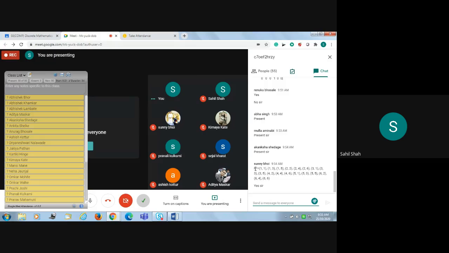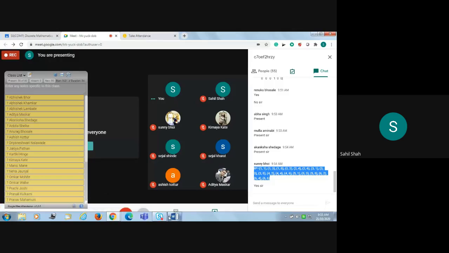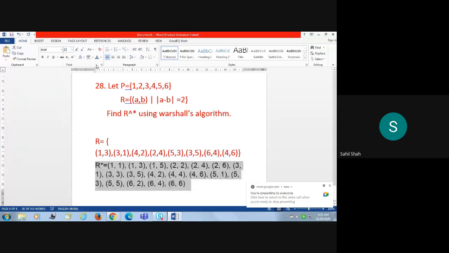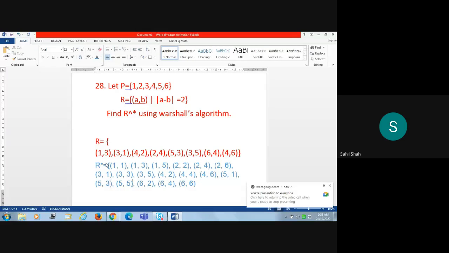You should have your R star to have a total of 18 pairs. The answer is expected from all of you. You can cross check the answer given by Sunny. Total 18 pairs.